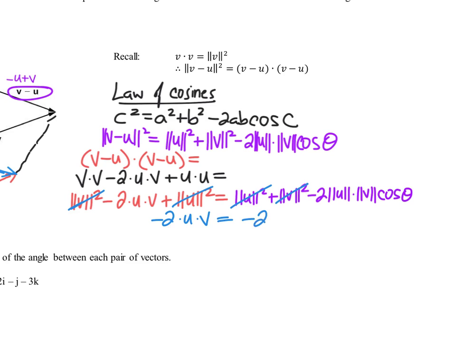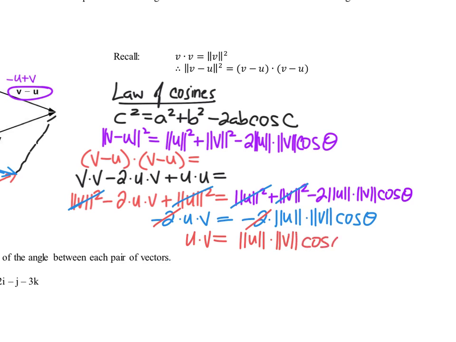Right-hand side, negative 2 magnitude u. Crappy handwriting, sorry. I mean, blanket apology for crappy handwriting, that's always the case, but extra crappy in this one instance. Common factor of negative 2 that can cancel. And there it is. u dot v is equal to the magnitude of u times the magnitude of v times the cosine of theta.